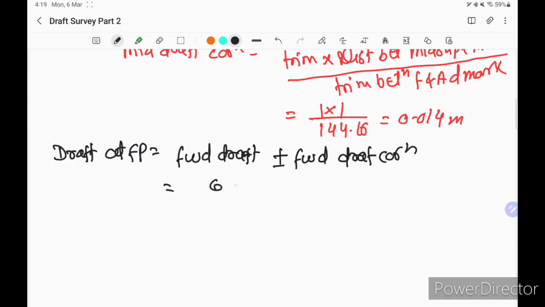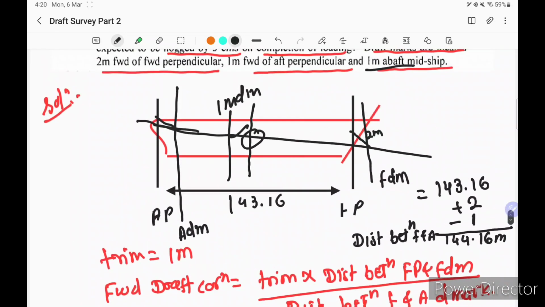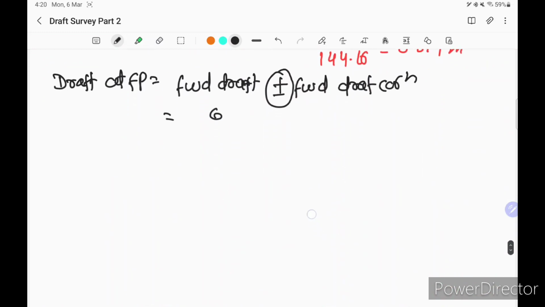Now how will we decide plus or minus? See in the diagram, we have the vessel trim by stern, but the forward draft mark is 2 meter forward, so opposite, so it will be plus. So 6 plus 0.014 is equal to 6.014 meter.